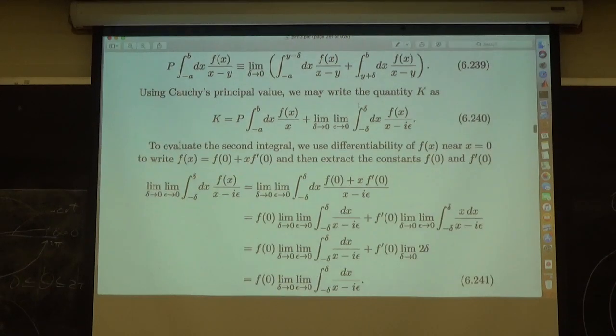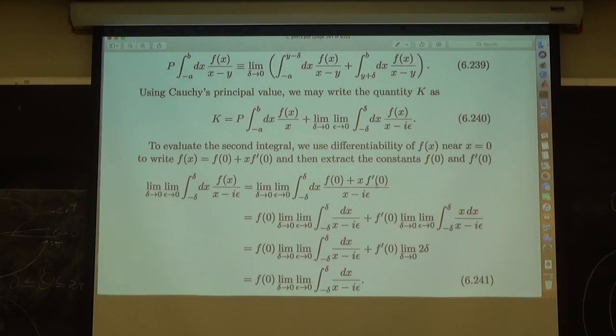Now to evaluate the second integral, we use the analyticity of this function f of z, which on the real axis is just f of x. And so we write f of x to be f of 0 plus x times f prime of 0.